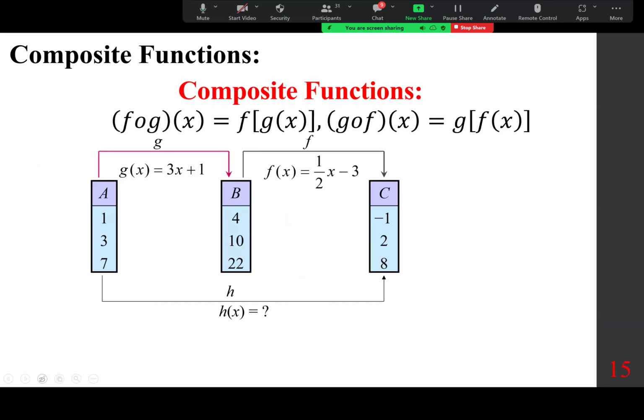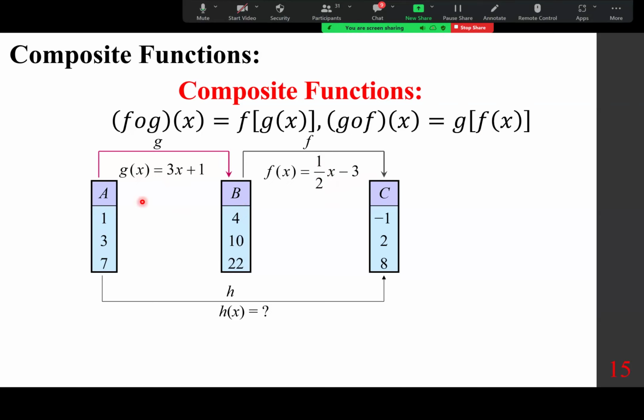Now, another way of understanding this is this. So the composite function f of g of x is f of g of x, and g of f of x is g of f of x. So if you have g of x as 3x plus 1, and f of x as 1/2 x minus 3, we want to go from A to B, we plug into this.